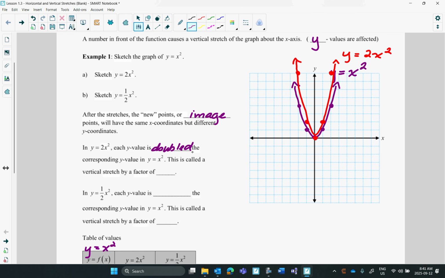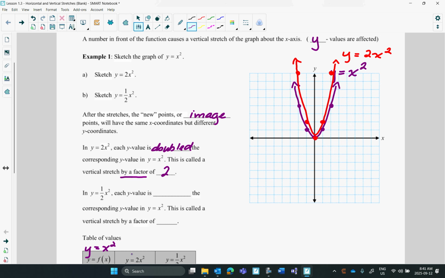And we call this a stretch by a factor of 2. That's how you describe it. When you describe a stretch, you must use that phrase, by a factor. Factor itself means multiplication.